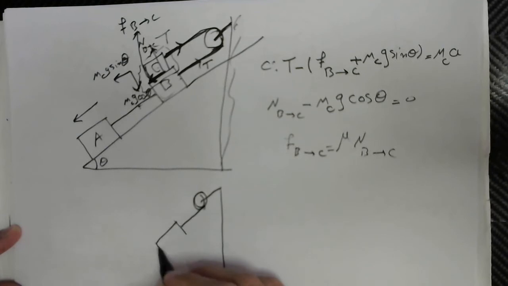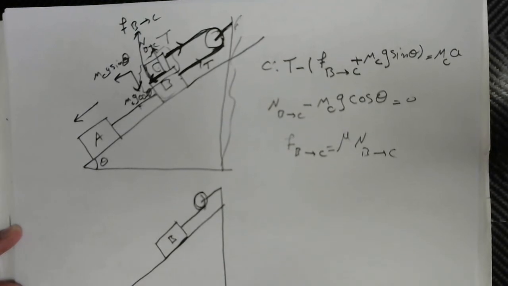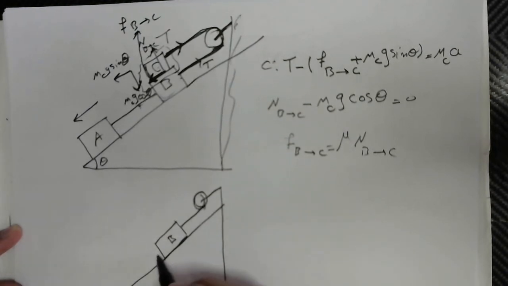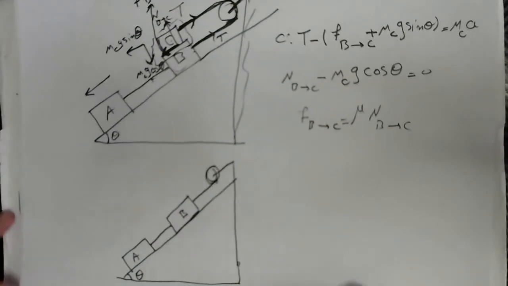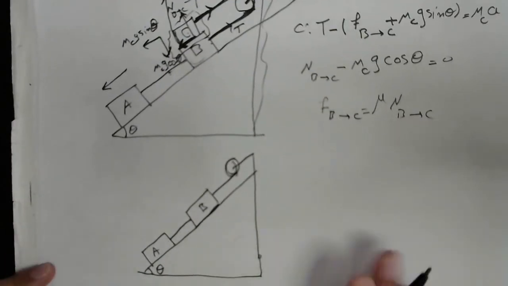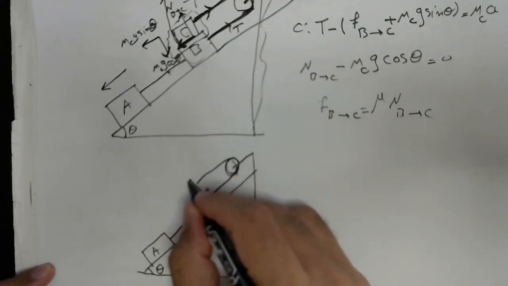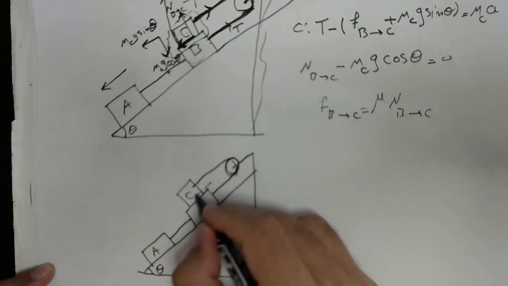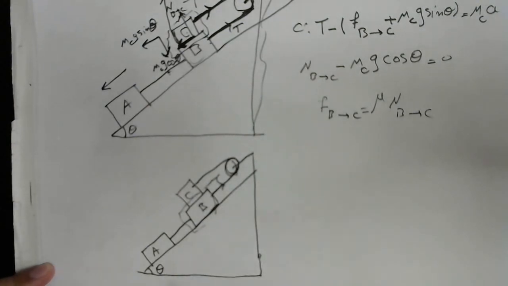this is B. Okay, I have to become very good at drawing, painting, very much like professional paint. And this one is C. Now I want to consider B as the system. So this one is T, now it's a resistive force.